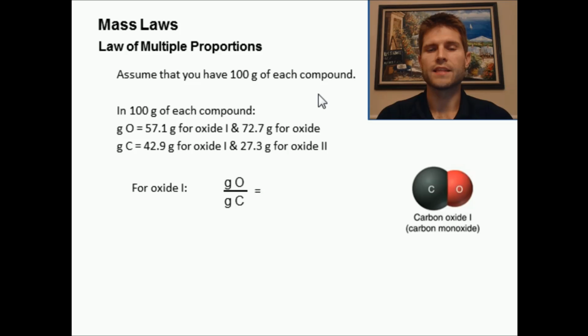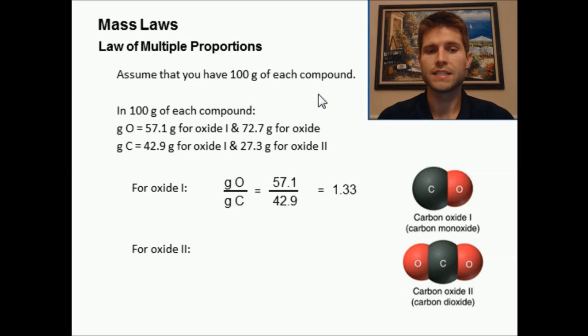If we take the ratio of the grams of oxygen to grams of carbon, we get a number of 1.33 for the first oxide. If we did the same thing for the second oxide, we end up with a value of 2.66.